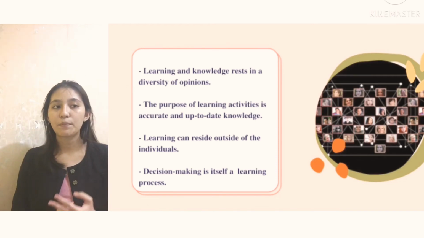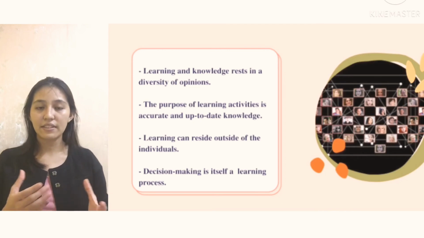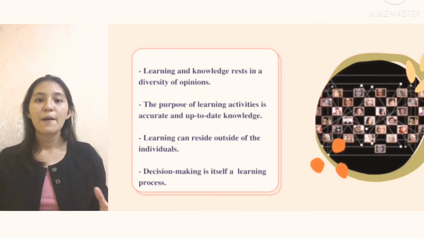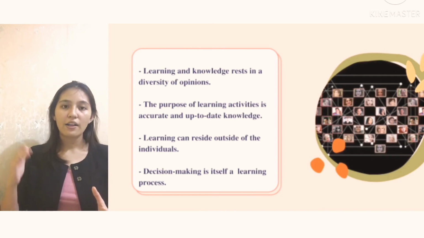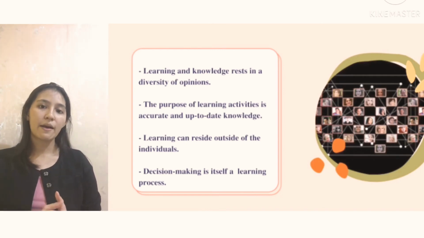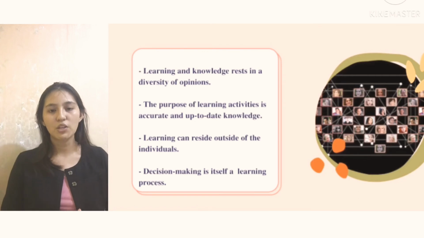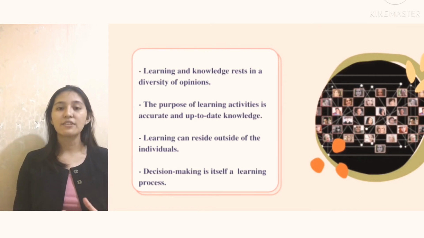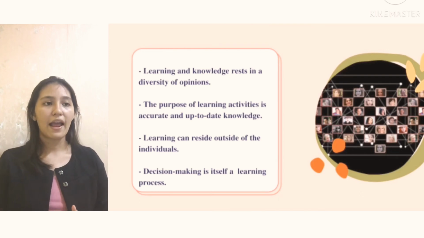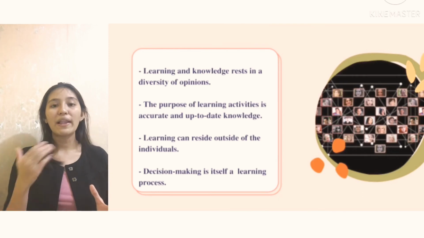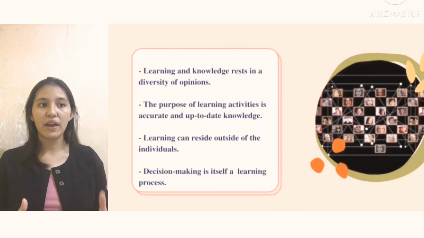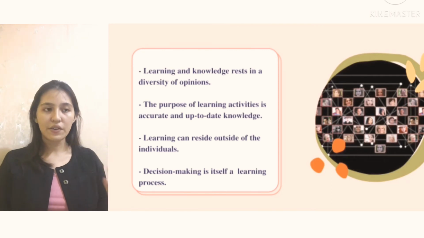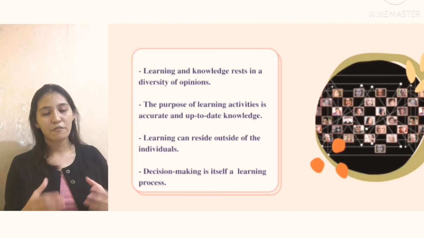The next is that the purpose of learning activities is accurate and up-to-date knowledge. In the digital age, knowledge is growing and technology is developing, so every day there is up-to-date information you can get, and this theory will provide accurate and up-to-date knowledge.